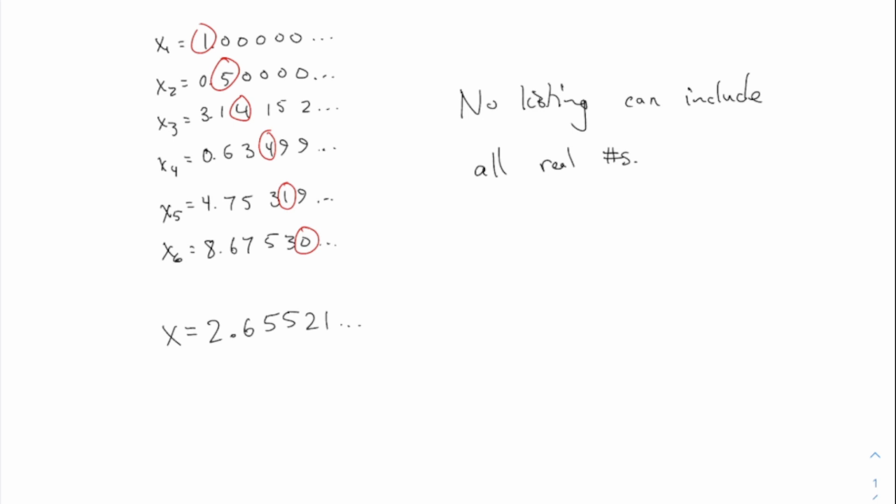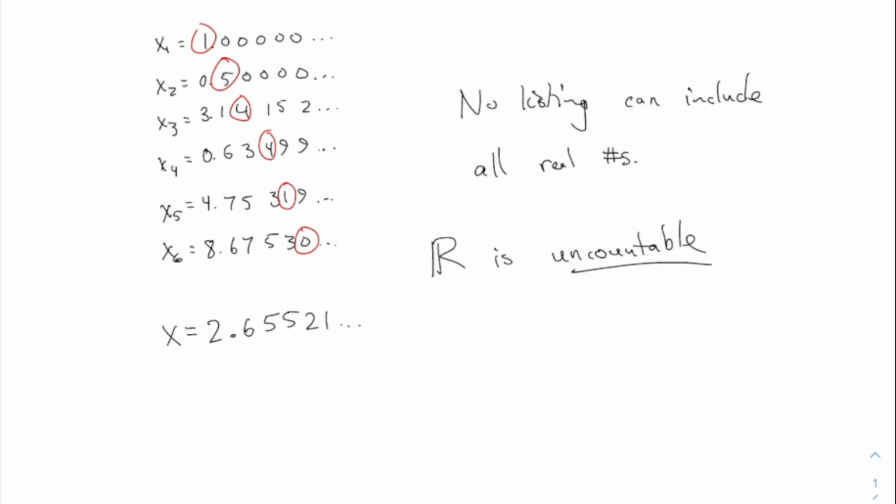It can include infinitely many things, but by this argument you can always create a real number which is not part of the list anywhere. No listing can include all real numbers, so the fancy word for that is R is uncountable. It's infinite, but more so than, say, the natural numbers, which all exist in an infinitely long list. R is infinite, but you can't even write it as a list.